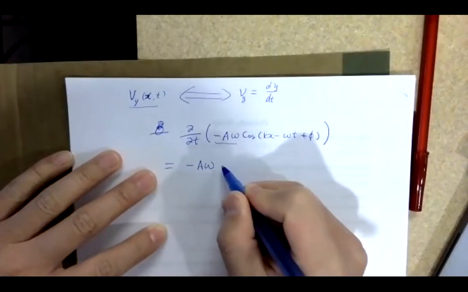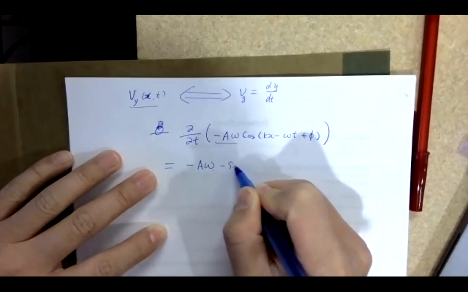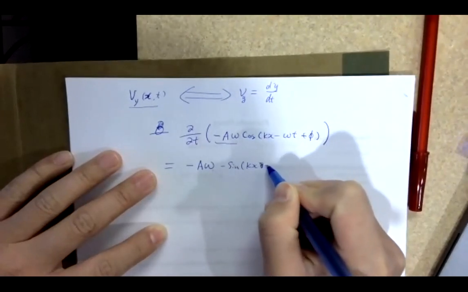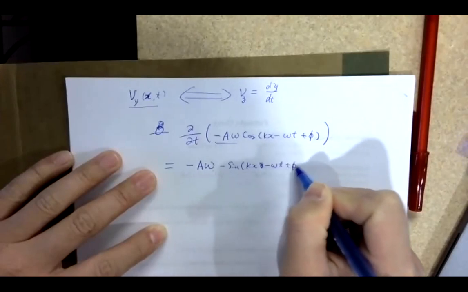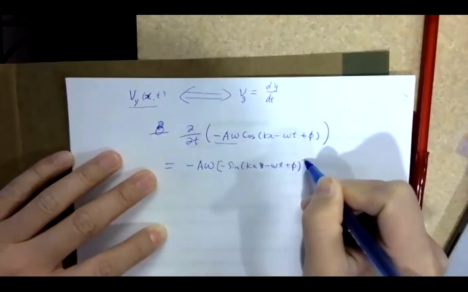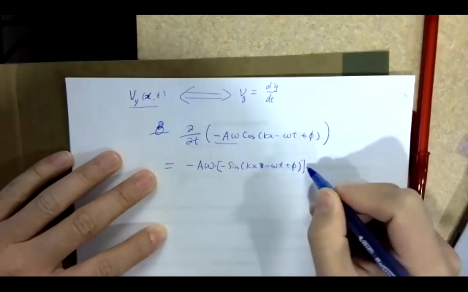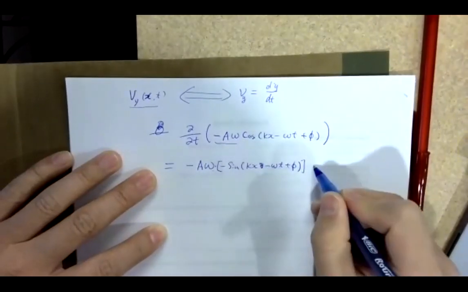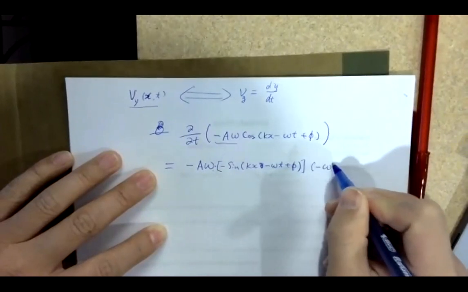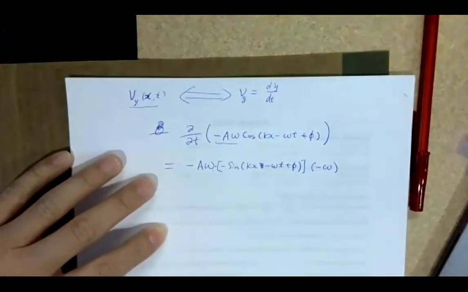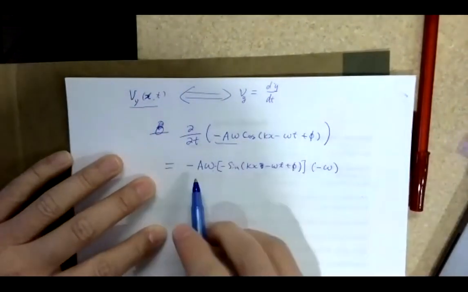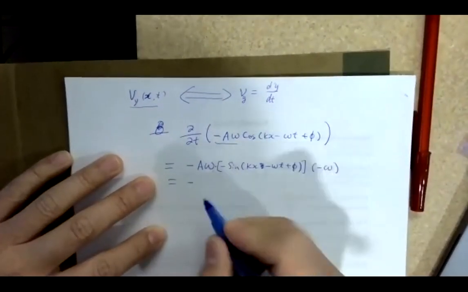Now cosine becomes minus sine of the function, and because in the argument you have minus omega t, you have minus omega that goes down there. So you can see you have three minus signs, so they become just one minus sign.